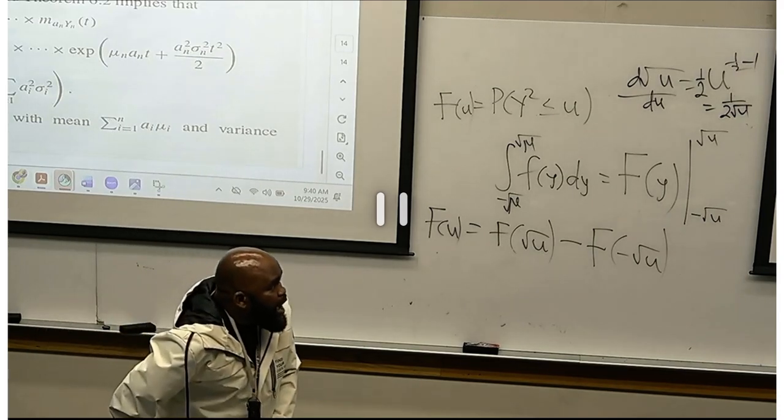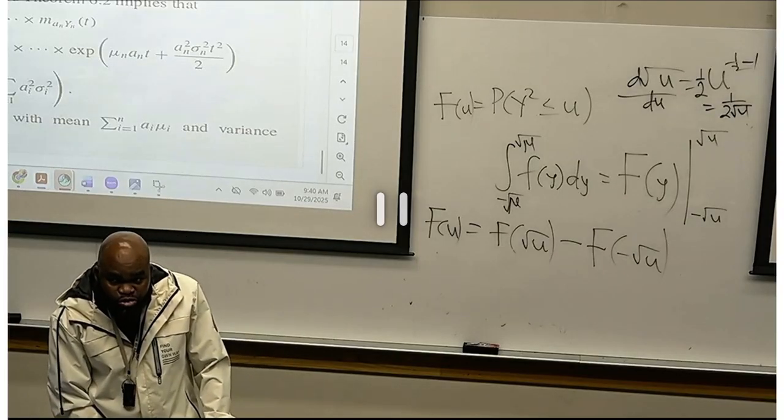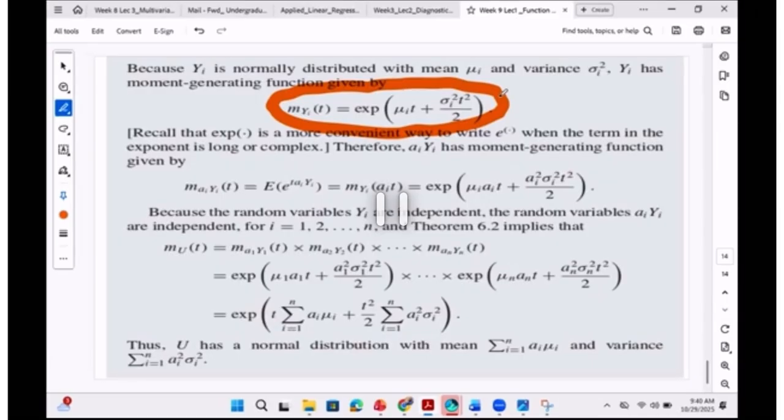If I'm focusing on Y2, the moment generating function for Y2, where Y2 follows a normal distribution, wherever I see i I plug in 2. Now, if this is the moment generating function of Y, what is the moment generating function for aiYi? I know the moment generating function for Y. Can I figure out the moment generating function of a linear combination, aiYi? The moment generating function of the linear combination is just going to be that.